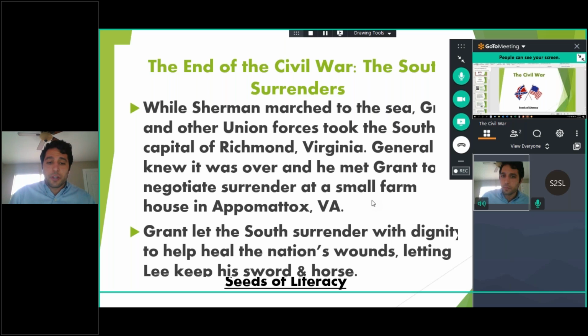Grant let the South surrender with dignity to help heal the nation's wounds, which really just means he let the general keep his sword and horse, which was not customary, but this was a unique situation because these were Americans fighting Americans. And so I think that they really thought anything they can do to expedite the healing process would be a good thing. And that was very important to President Lincoln as well.